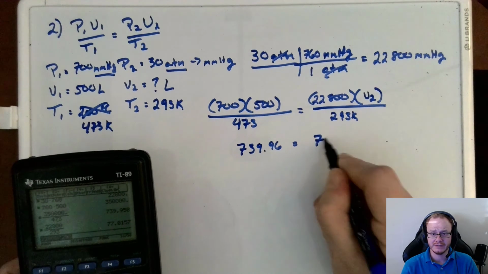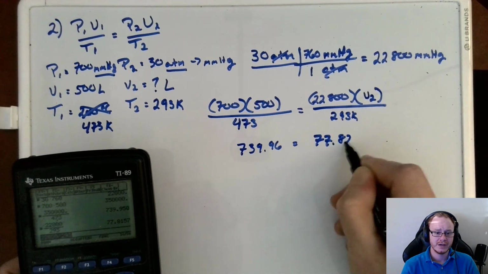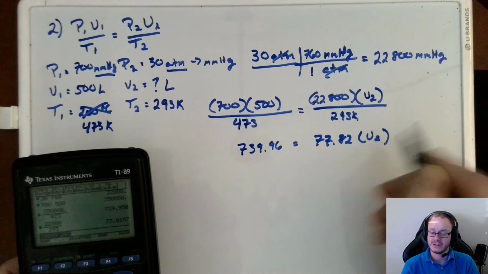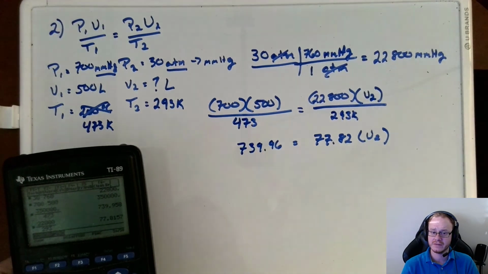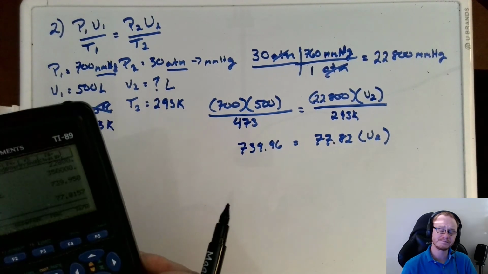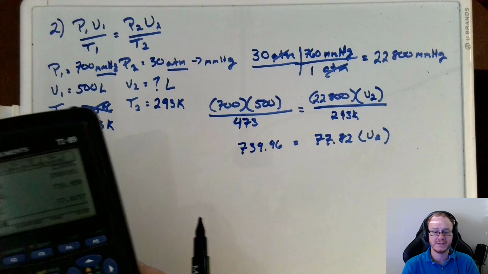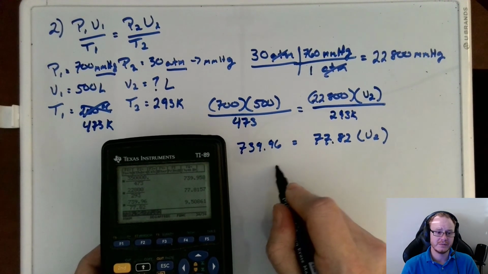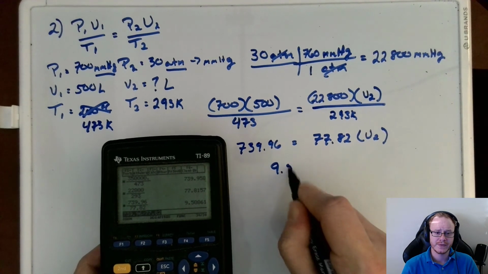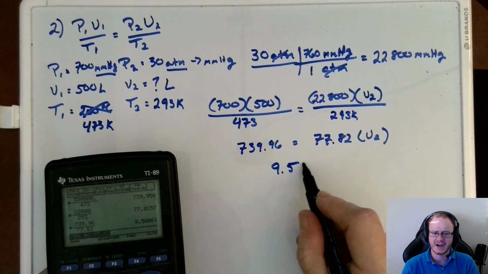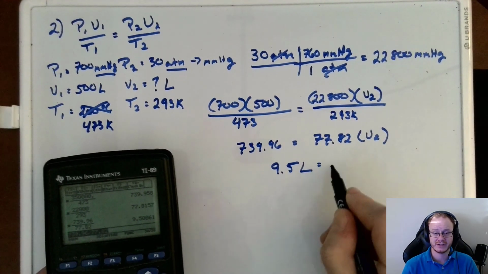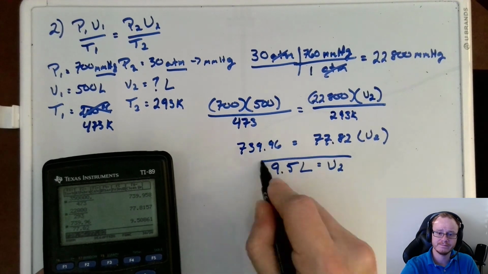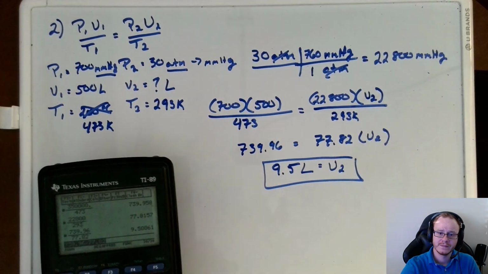Reducing that down, we end up with 77.82 times V2, and then we can solve for V2. Divide both sides by 77.82, and it turns out that volume 2 is equal to around 9.5 liters as our final answer. And there we go.